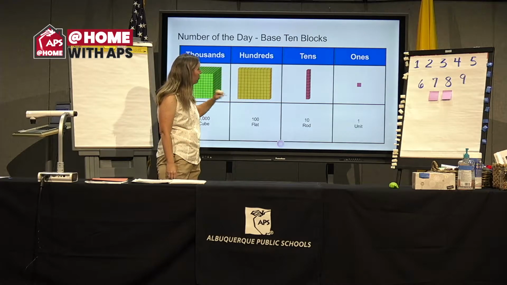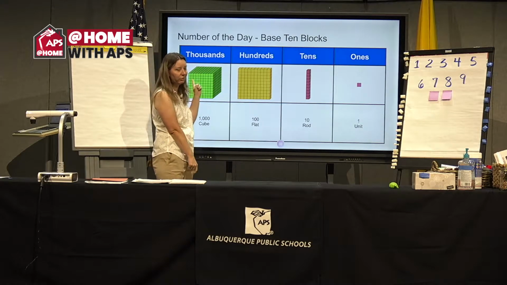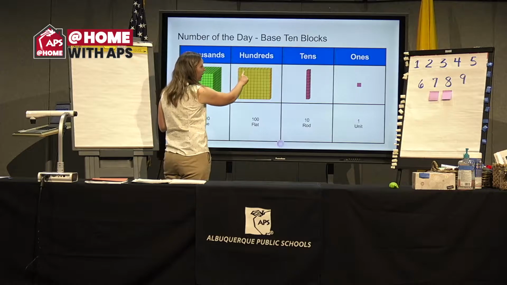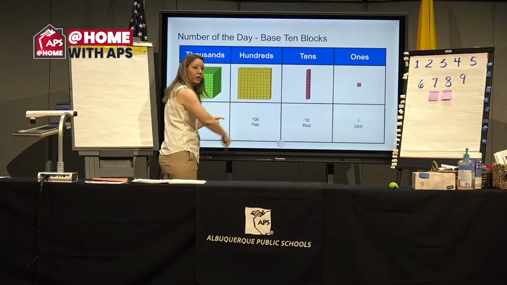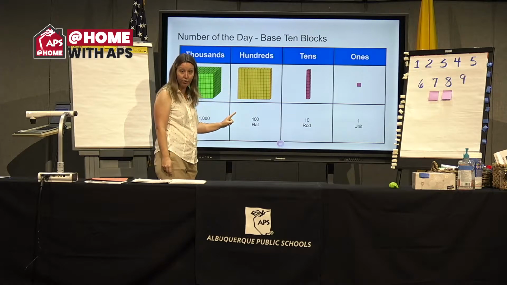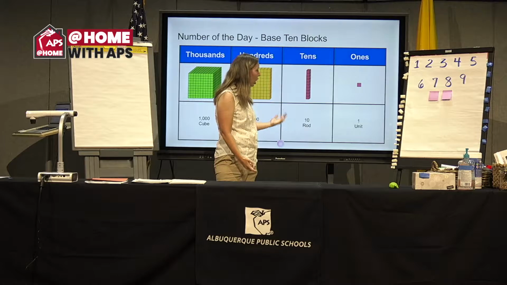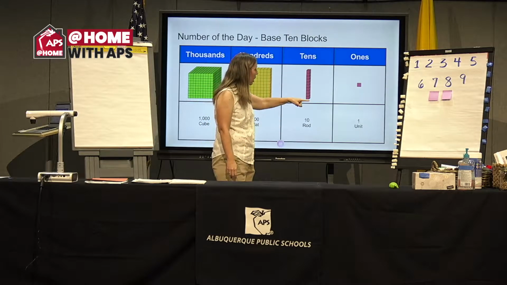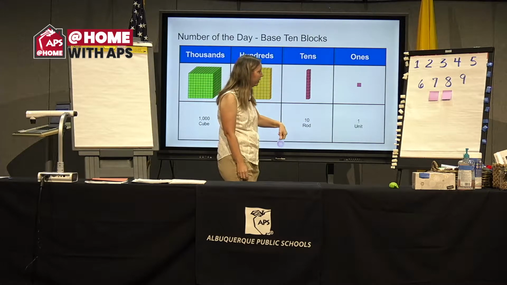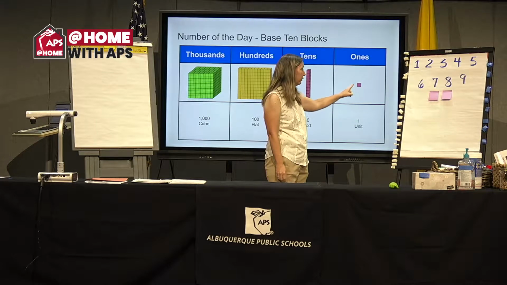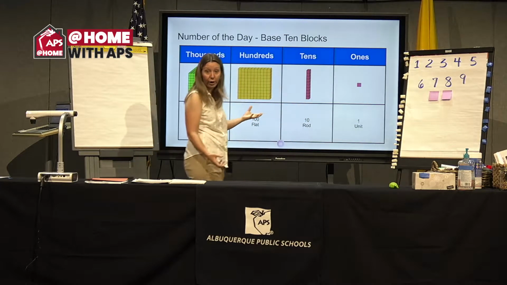If you were sitting here counting, you can see I have 10 in each row, and I have 10 rows. So that makes 100. Then I have a rod. Some people call it a strip. The rod is worth 10. And then I have 1 unit, 1 individual square.